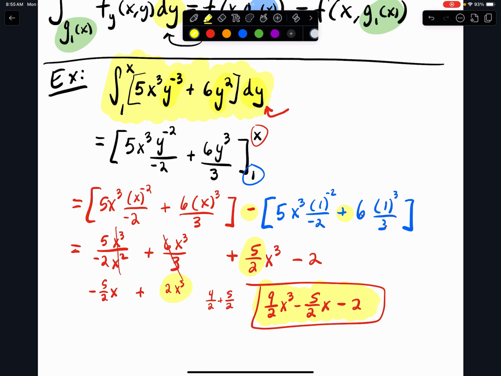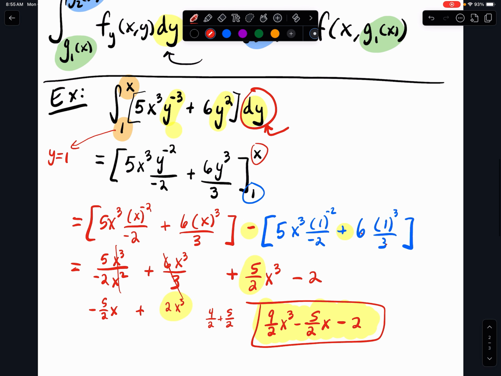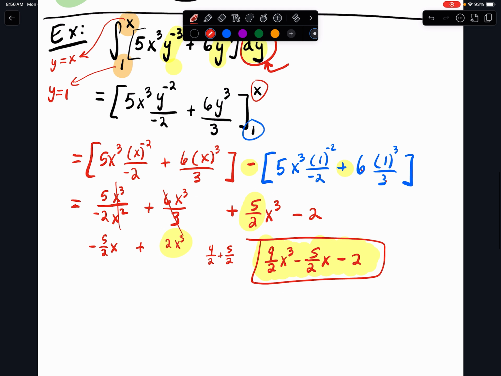If you notice up here, the limits of integration are 1 and x. Those are functions of x, meaning what? I'm integrating with respect to y, so this is y equals 1, and this is y equals x. Y equal 1 and y equal x are functions of x. So the final answer will be in terms of x when you integrate with respect to y. Okay, so that's something to note there.